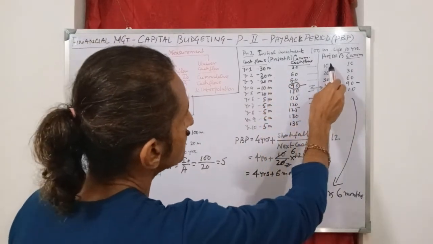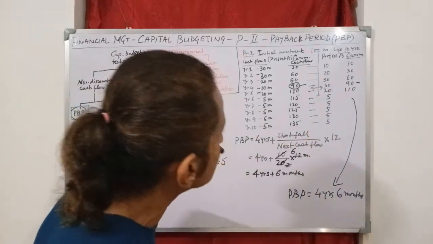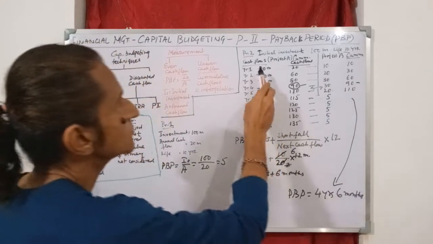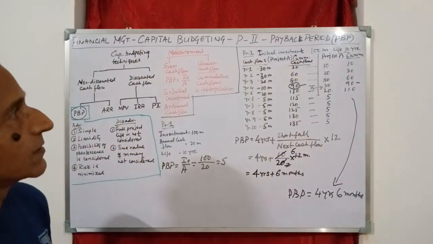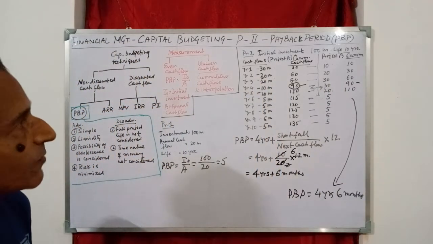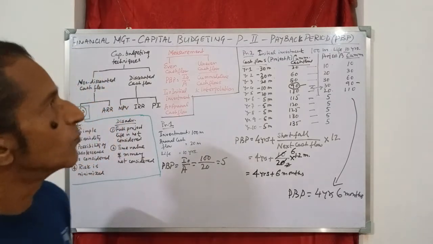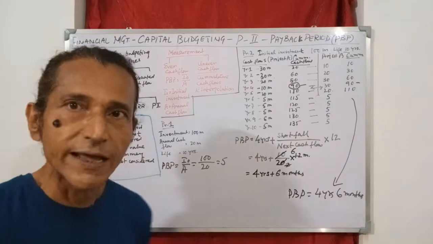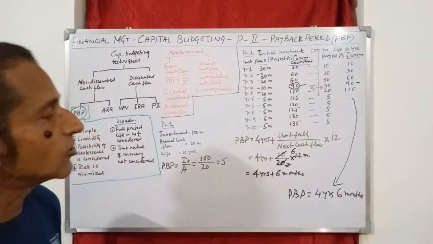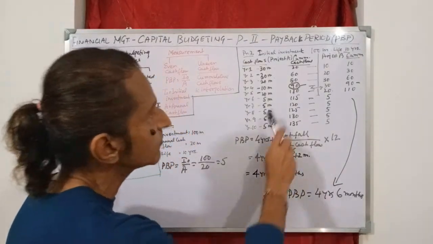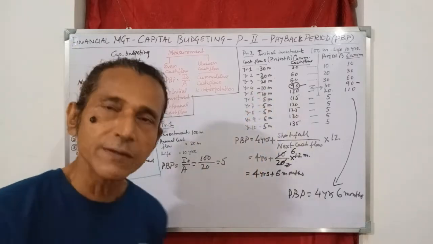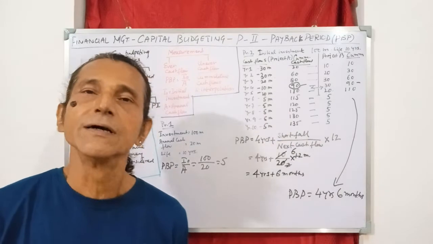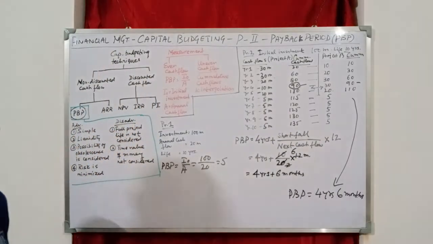Whereas in case of project B, the cash flows are much less, that is 10, 20 compared to project A. That means the firm is getting back more cash in the earlier years with project A. So although the PBP is the same for both projects, project A will be accepted and project B will be rejected. Right?